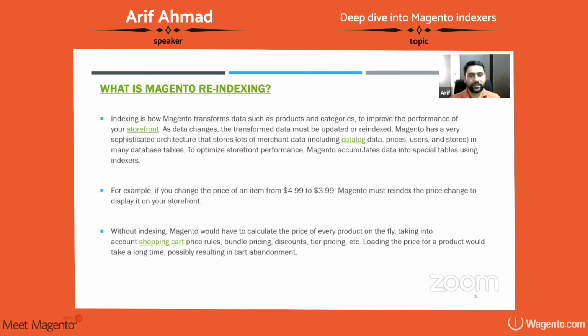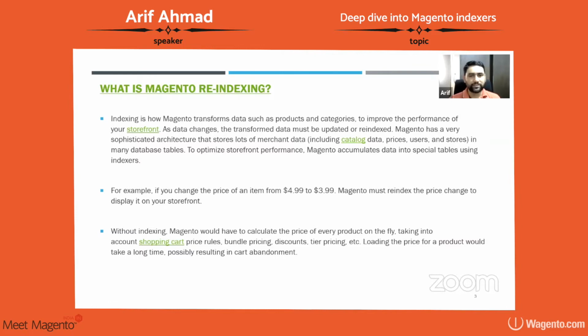There are EAV tables which are spread across multiple tables, like for example catalog product entity, and the varchar, decimal, and so many different tables. So Magento uses the reindexing to make sure it can give you the right data in a most optimized or faster way.